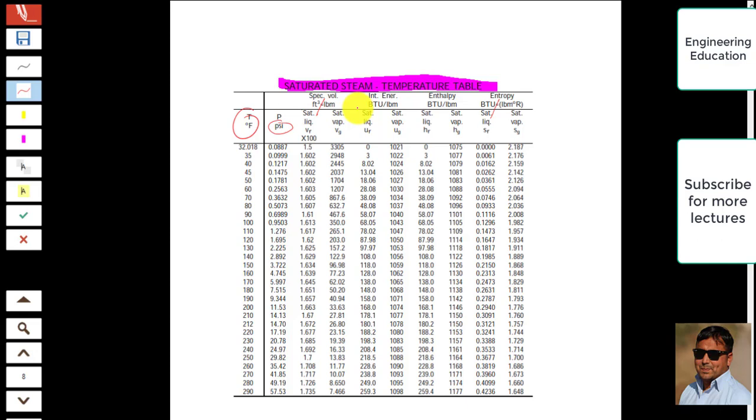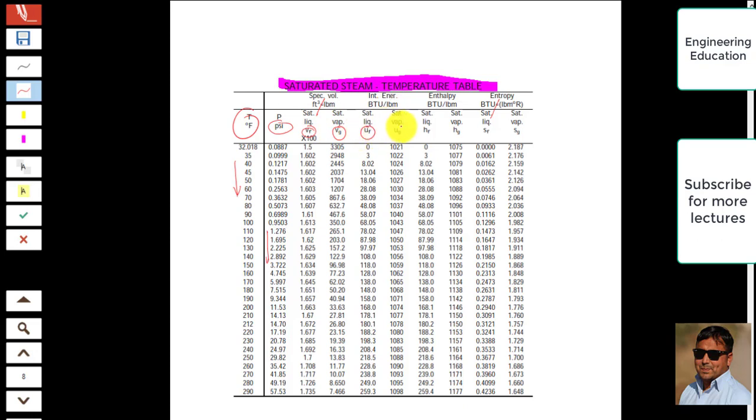So as we discussed, in some tables different units are used, so we have degree Fahrenheit values in this column. Respectively, the pressure in PSI is given in this column, and the specific volume is measured in cubic feet per pound mass.